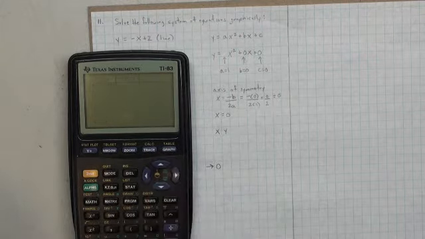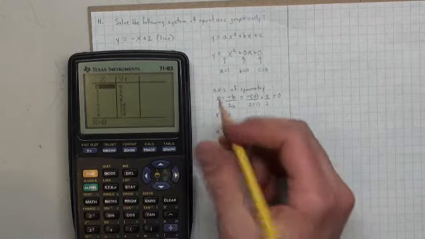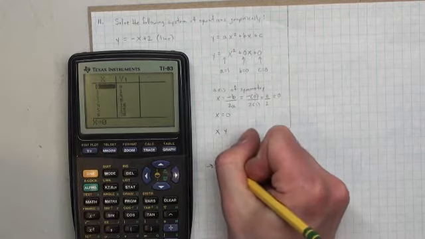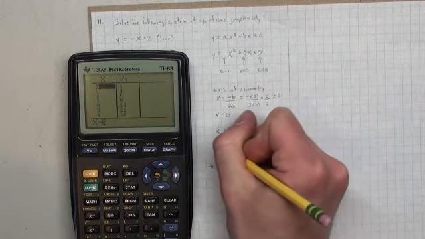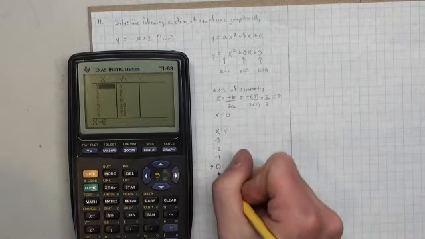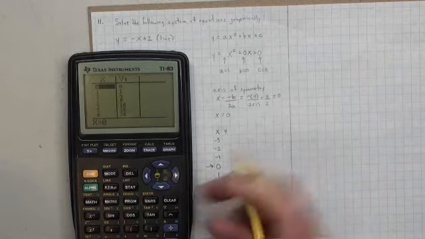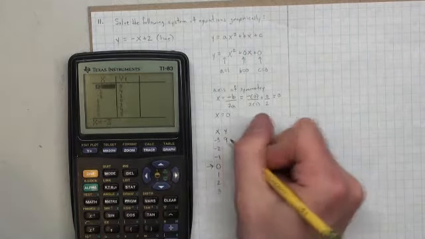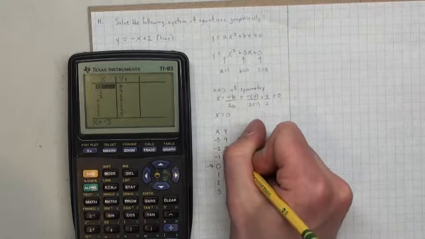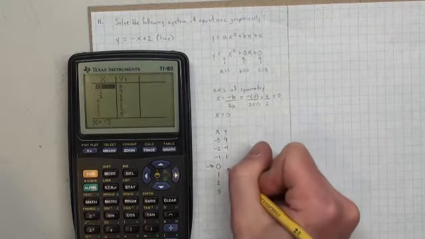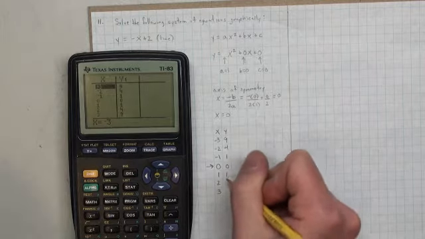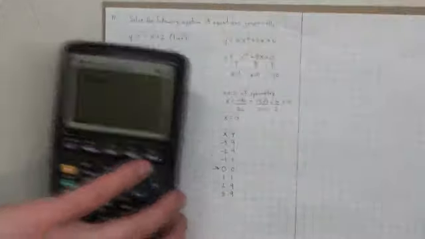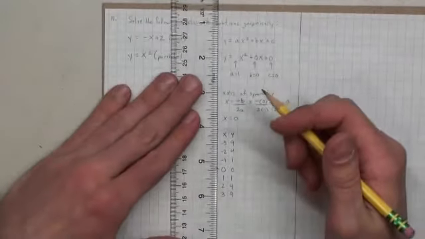So second table. And I want to do 3 values below 0, so negative 1, negative 2, negative 3, and 3 values above, so 1, 2, 3. So I'm going to go up to negative 3. My y is 9. At negative 2 it's 4. At negative 1, 1. 0, 0. 1, 1. 2, 4. 3, 9. Okay?